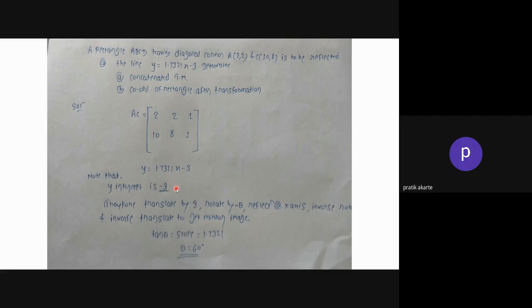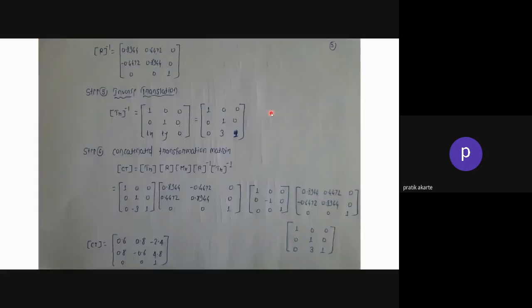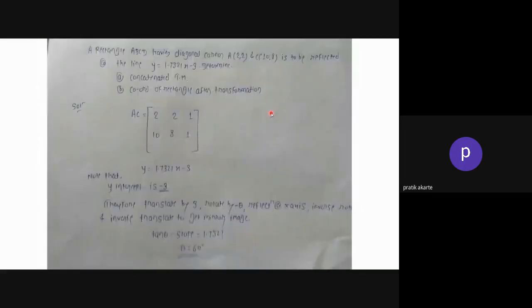That is exactly the reverse of what we discussed in problem number 1, so you have to translate by plus 3. As I mentioned in problem number 1, the y-intercept is somewhere over here, so we translate by plus 3 units so that the line passes through the origin.